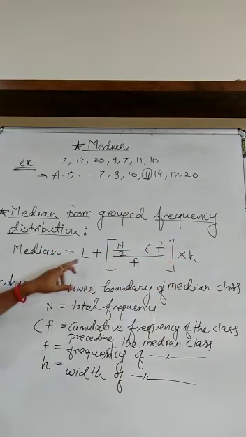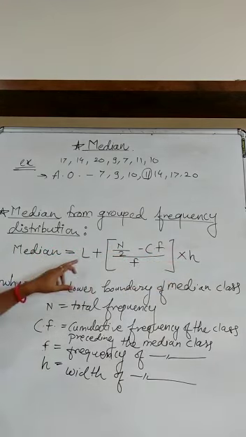Here I have introduced you to L, CF, f and h. L is the lower boundary of the median class, N is the total frequency, CF is the cumulative frequency of the class preceding the median class, f is the frequency of the median class, and h is the width of the median class.